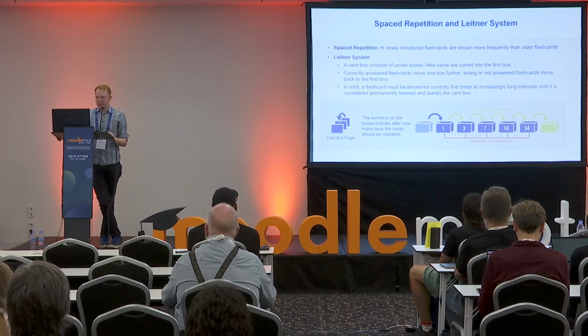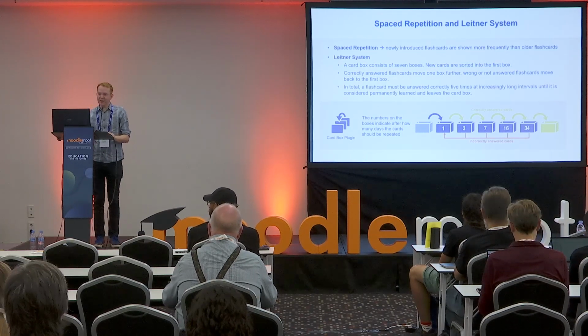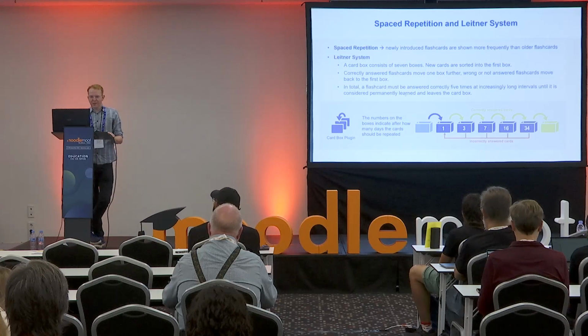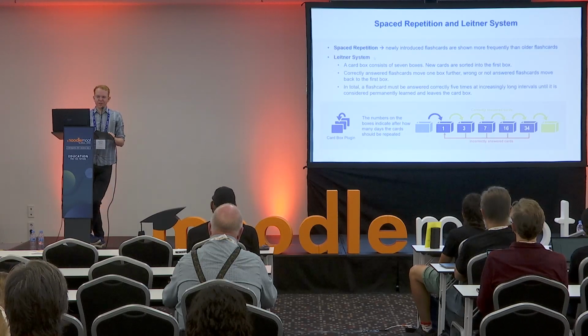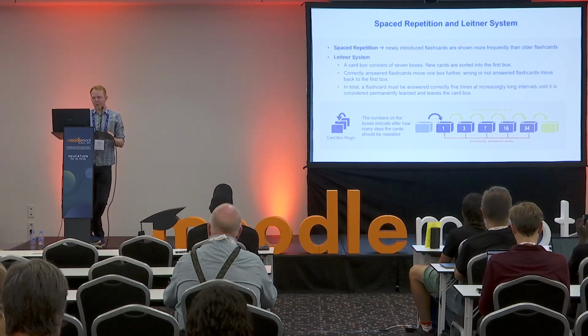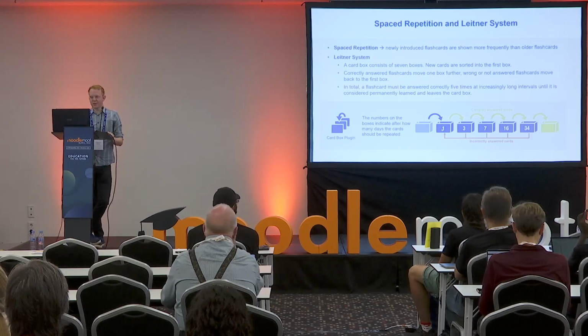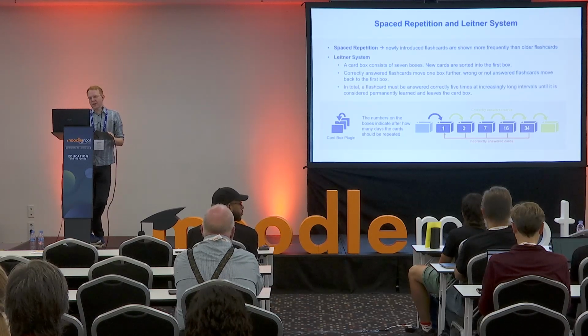This is the basic idea of spaced repetition, and based on these findings, the so-called Leitner system was developed in the 1970s. The Leitner system consists of 7 boxes, and so does our Cardbox. If you answer a card correctly, the card is advanced to the next box. If you answer a card wrong, the card will go back to the first box.